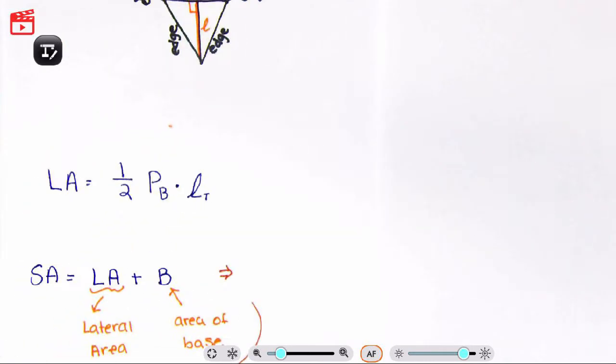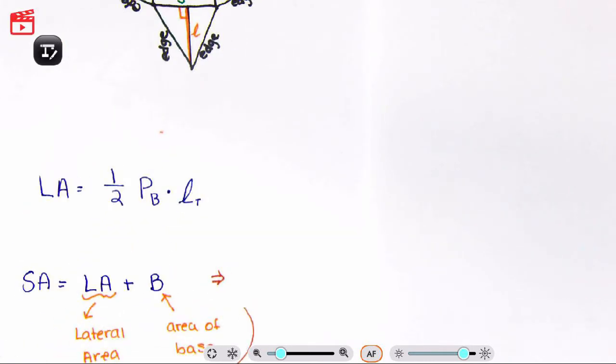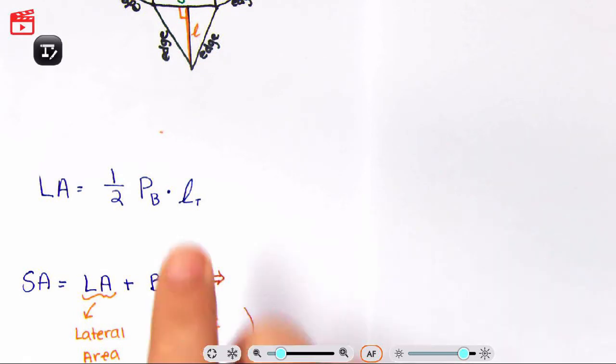Let's talk about formulas. Formula for the lateral area of your pyramid. If you remember my other video, lateral area is the area without your base. So whatever it is, you're adding all the small little areas together, but you're leaving the base out. The easiest way to find the lateral area of a pyramid is to follow this formula.